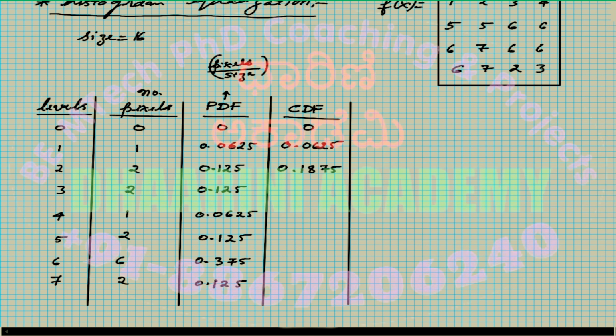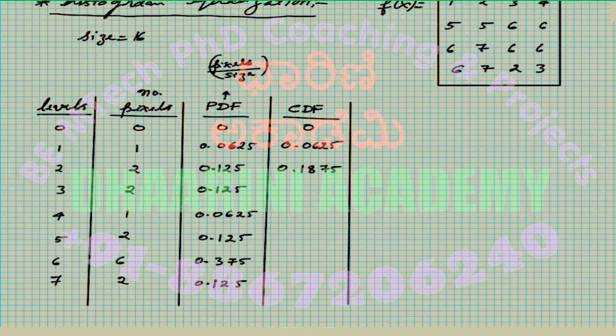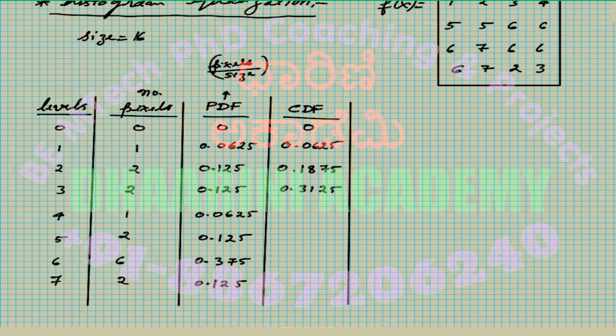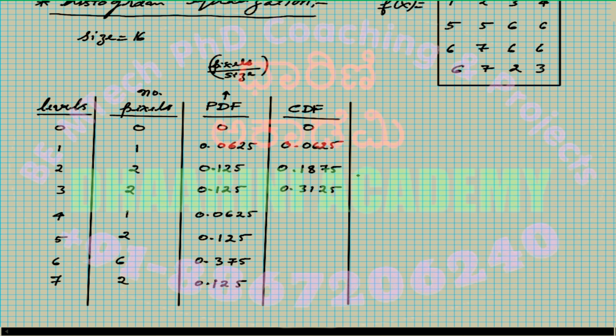To this, I'm going to add 0.125 to get my next value. That is 0.3125. To this answer, you add the next value, that is 0.0625. That is 0.375.